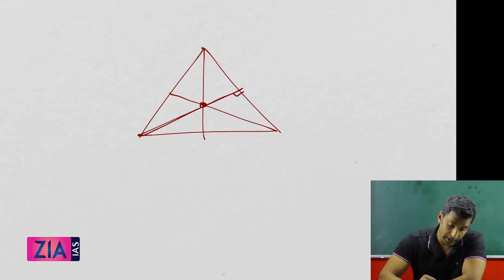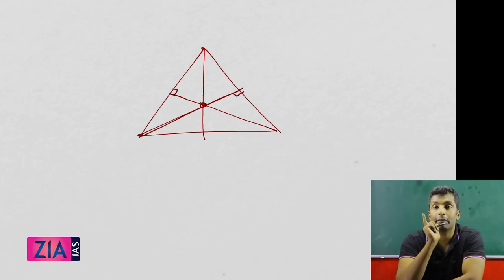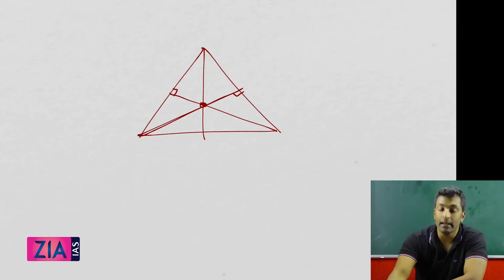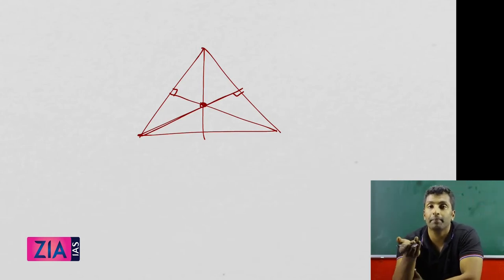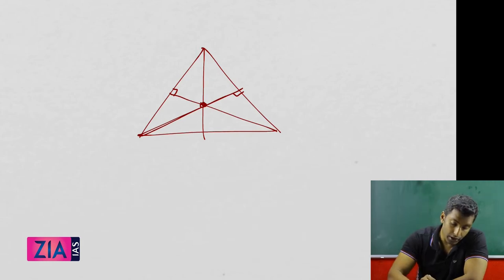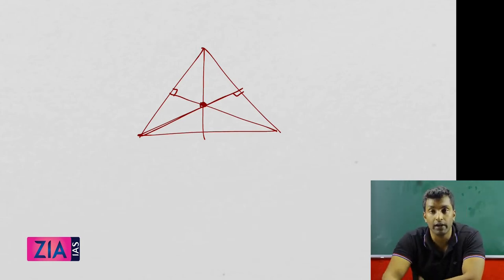Here this is perpendicular. There it was not necessarily perpendicular, though it can be. But here it is always perpendicular but not dividing equally. So I can't say these two sides are equal. If it is a median, definitely it has to be equal, but I can't say whether it is perpendicular or not. That is the difference. So this is your orthocenter. I hope you understood this.